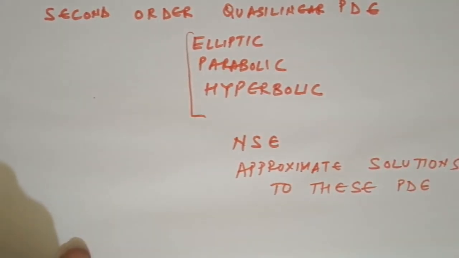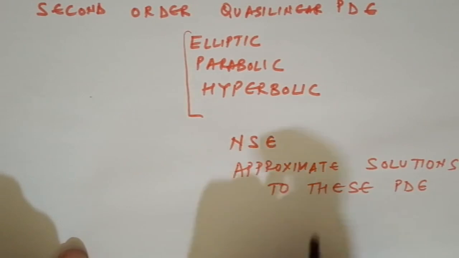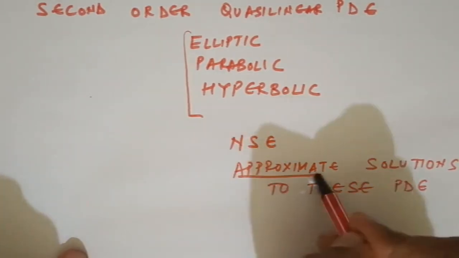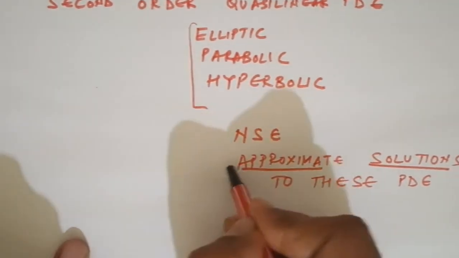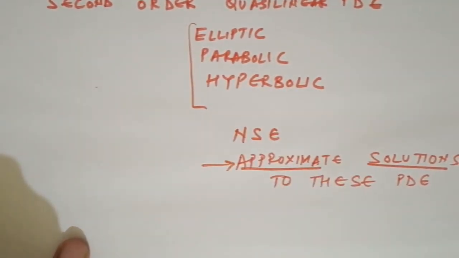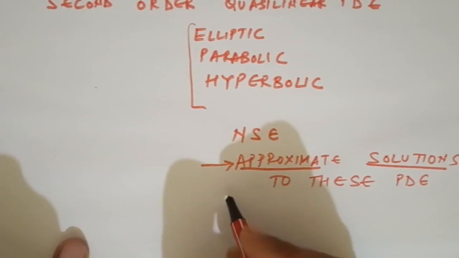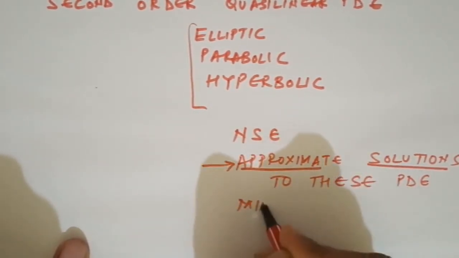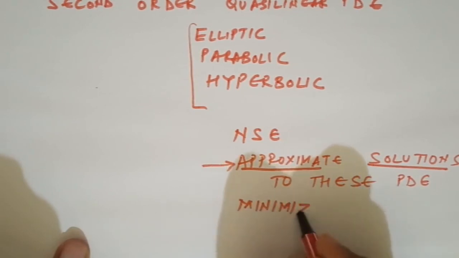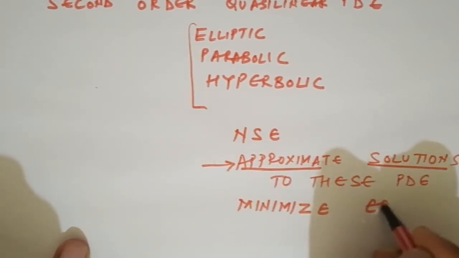Now, approximate solutions can be as close to exact solutions. So what should be the objective of finding our approximate solution? Our prime most objective should be to minimize the error.